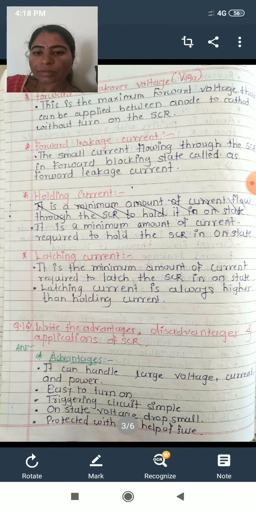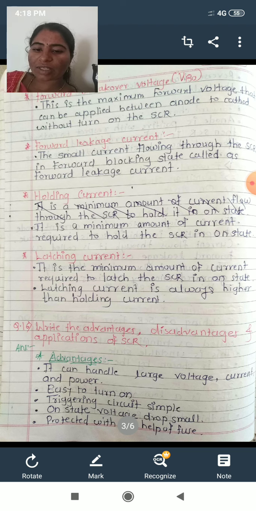Now, see the advantages, disadvantages and applications of the SCR. First, we learn the advantages. The first advantage is, as we see in the features also, that it can handle very large voltage, large current and large power.